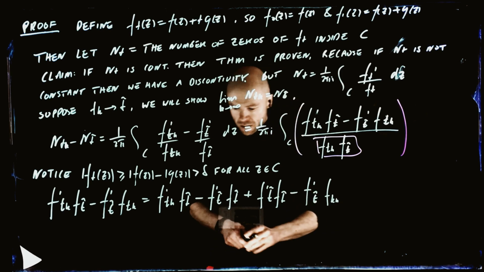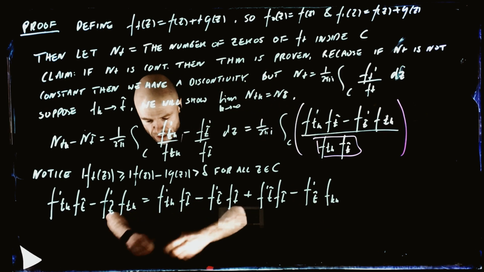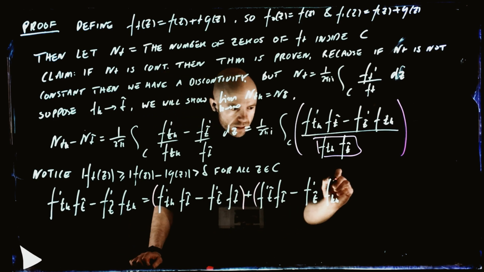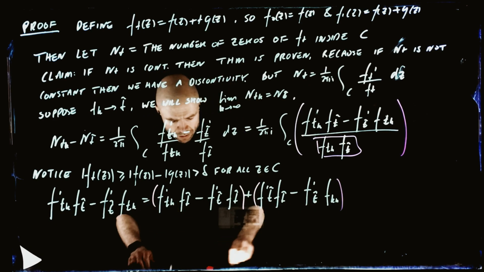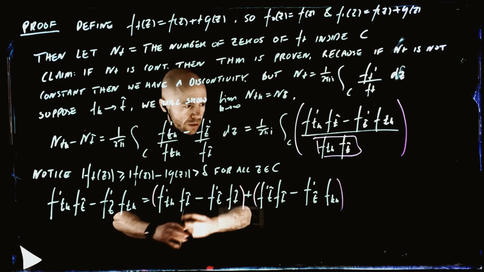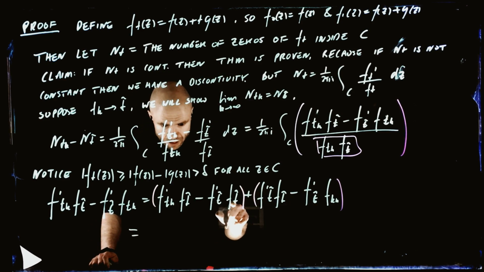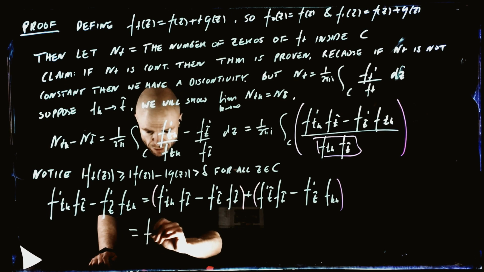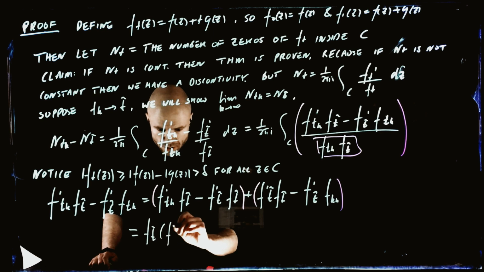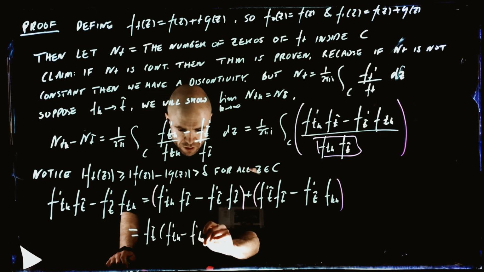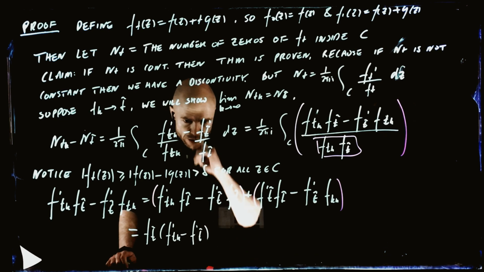This is a standard trick we do a lot. So we consider this difference and then this difference, and then we'll factor out the common part of each one of these separate differences. So we'll factor out the f tilde from the first thing: f tilde, f prime of tk minus f prime of t tilde.